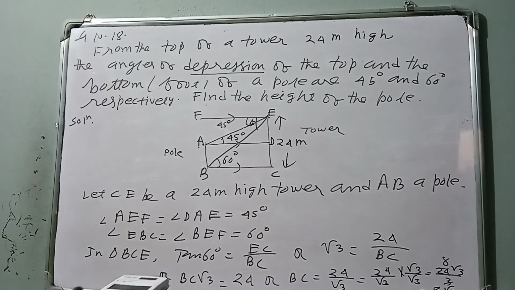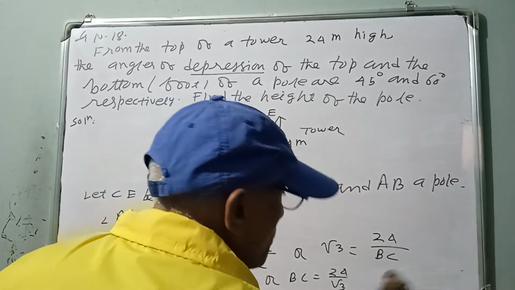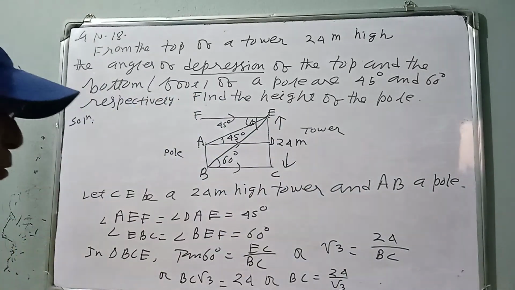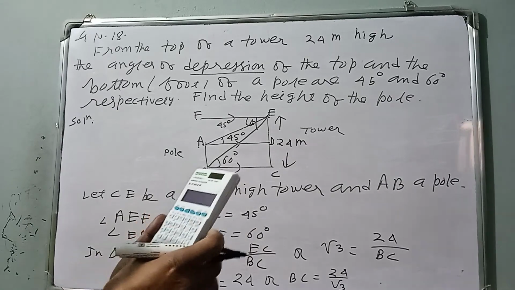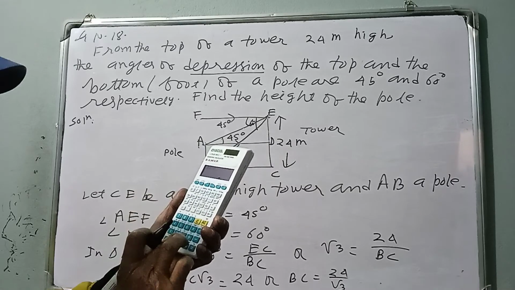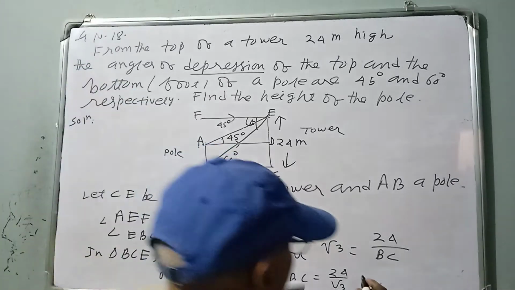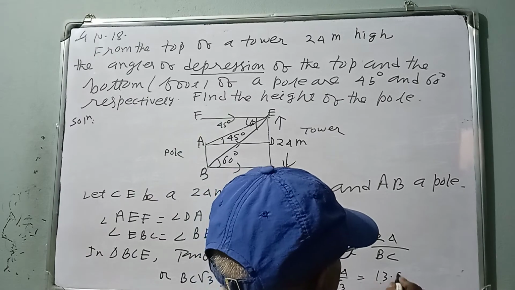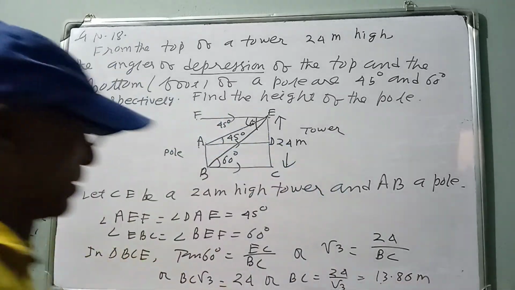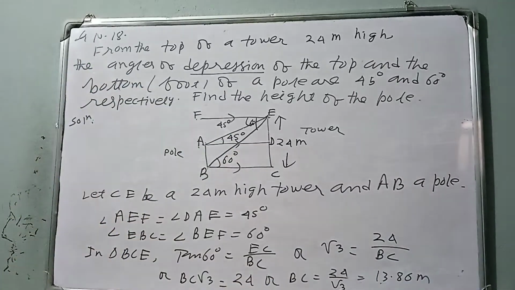If you have a calculator, you can directly use without doing this. 24 by root 3. What you do? 24 divided by root 3 equal 13.86. 13.86 meter nearly. BC is 13.86. AD is also 13.86.